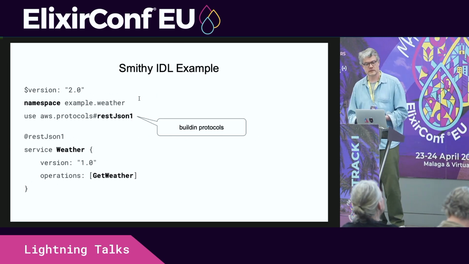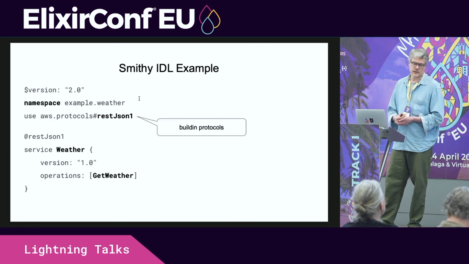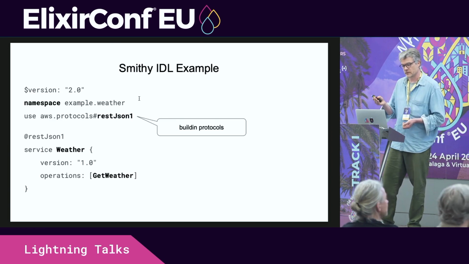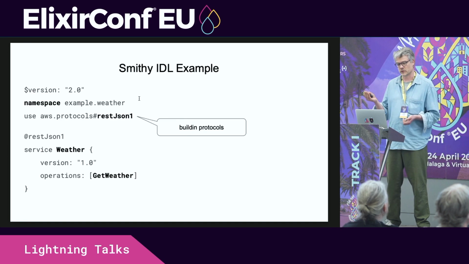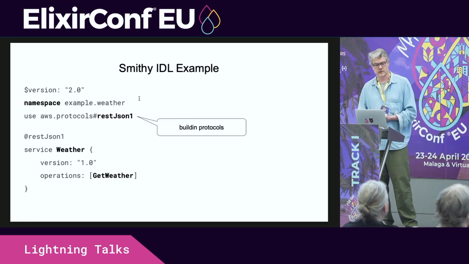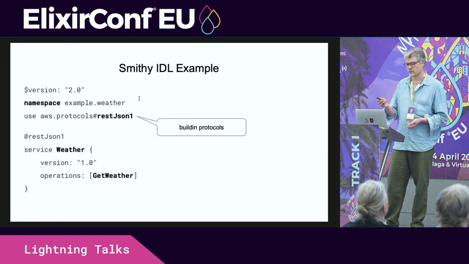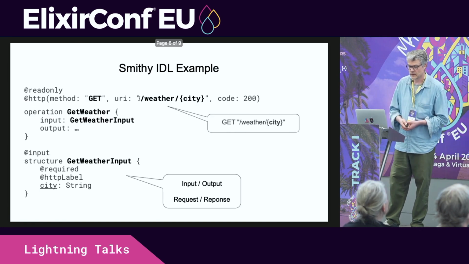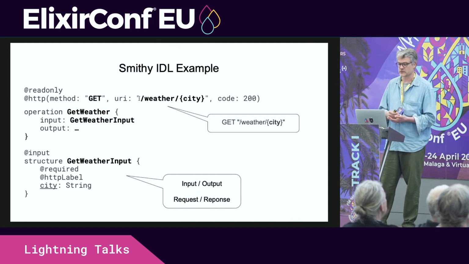And this is how a Smithy model looks like. You have a namespace, then you can define the used protocol, and then you start with a service object, and each service has a number of operations. For this example, the operation is a simple HTTP GET.